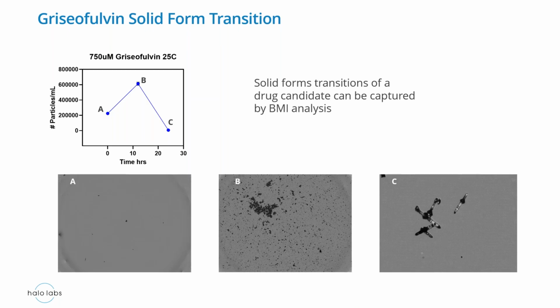This is a solid form transition that we observe. So when you are doing the formulation, let's say that you find the crystal form and you ask yourself, is there a formulation that can stop the forming of crystals so that I can have a better bioavailability of my drug once it enters the body?